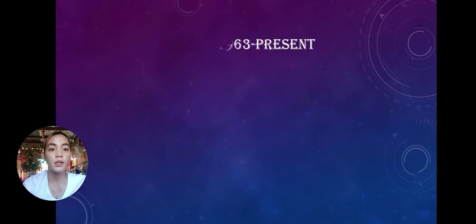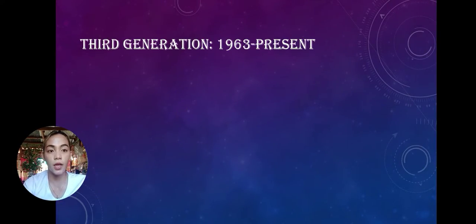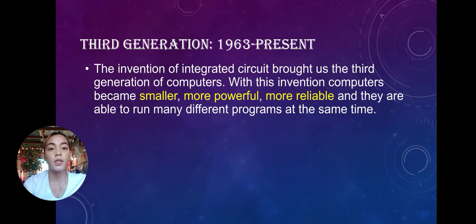So the third generation was on 1963 and then the present, or up until now. So the invention of integrated circuit brought us the third generation of computers. With this invention, computers became smaller, more powerful, more reliable, and they are able to run many different programs at the same time.